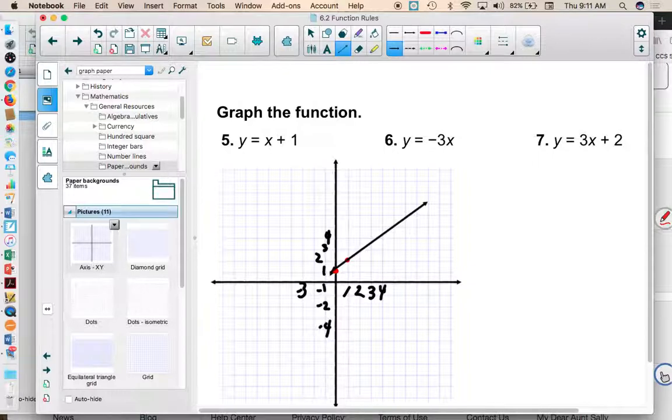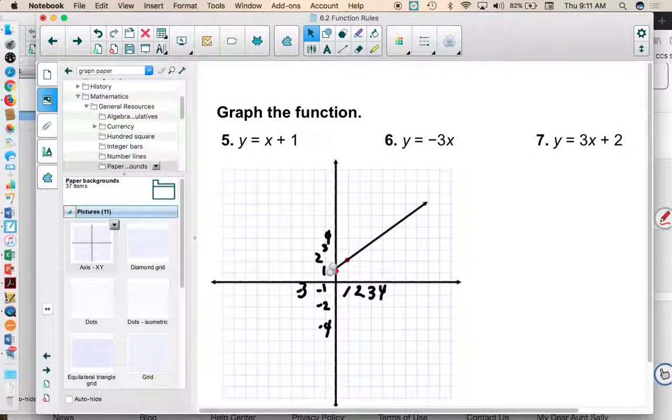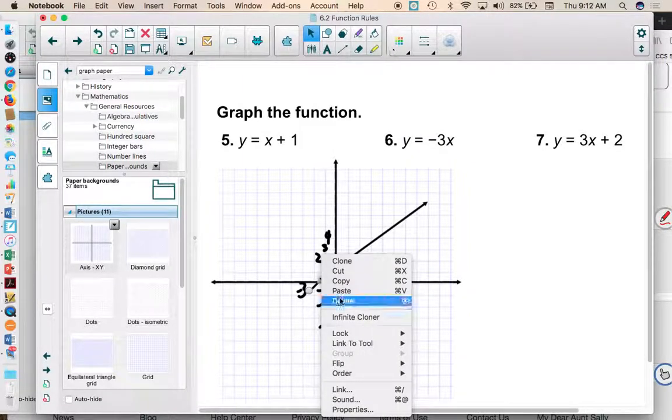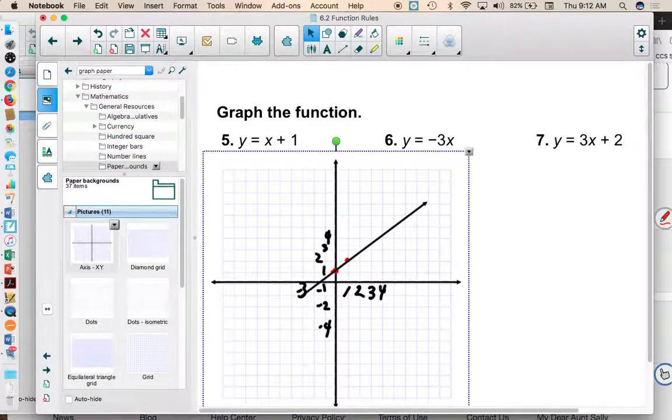I did that wrong again. There we go. I got my line on there, don't I? Can I figure out what some ordered pairs are on that line? Sure. Okay. Same stuff we were doing.